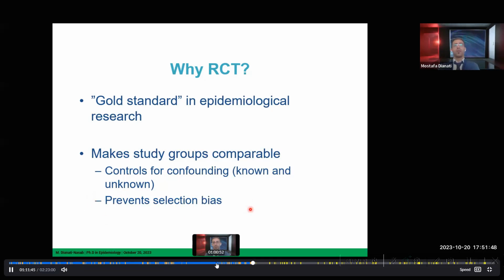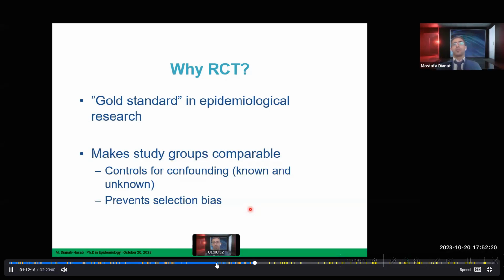Why? Suppose you have like 100 patients, and the status of their disease is not that severe. So you are trying to see if, for example, this new drug has benefit on, let's say, recurrence of the disease or not.